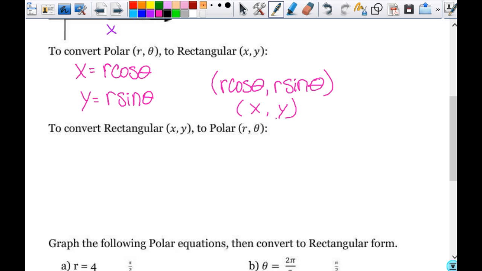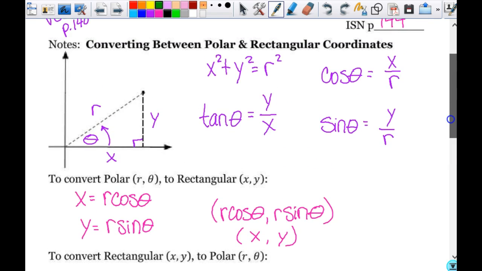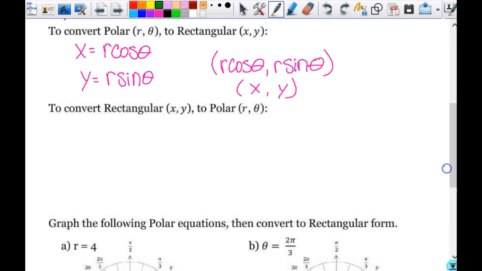All right, so let's say that we have rectangular, but we want to convert it to polar. Since we know that x squared plus y squared equals r squared, then r has to equal what? Square root of x squared plus y squared. Does that give me r equals x plus y? No, absolutely not.